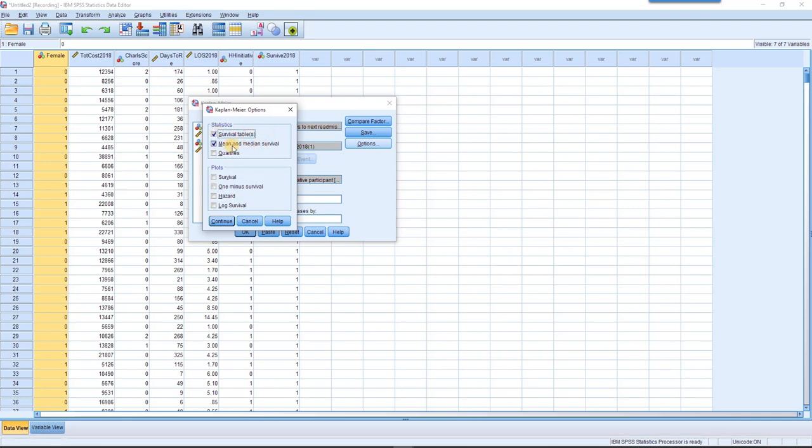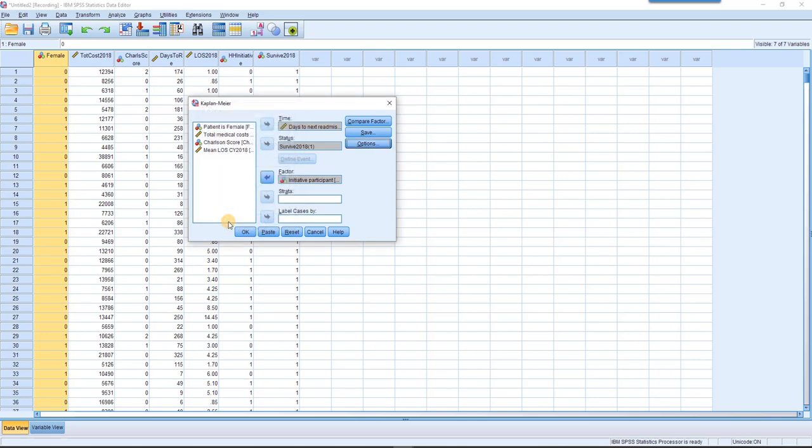And then the mean and median survival, which will, in the end, give us our mean days of readmission back to the hospital for the patients who participated in the initiative and the patients who didn't. And lastly, we are going to want our survival plot. So go ahead and check that one and click continue.